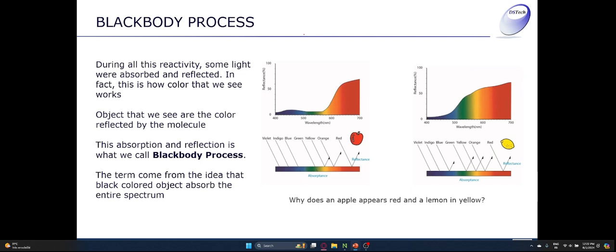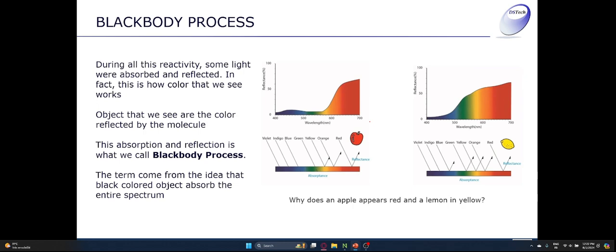This changes the structure of the molecule, and therefore gives out the spectral signature that we are looking at. There's usually reflection and absorption. Basically, something is being absorbed, and typically if you see something is black, it just means that it's absorbing all the energy.